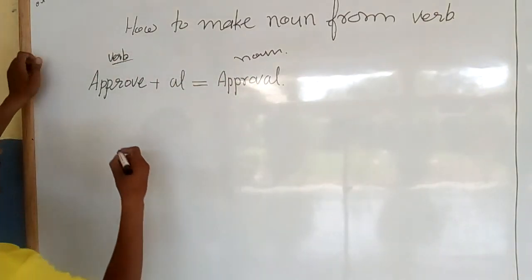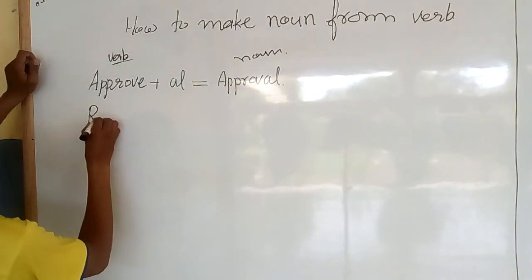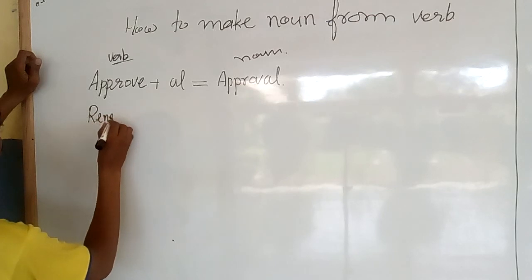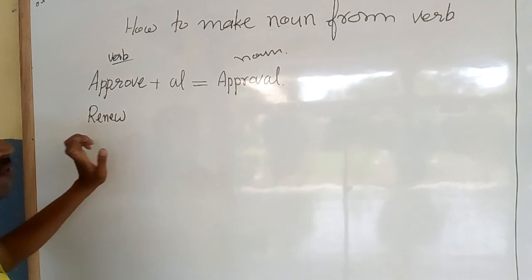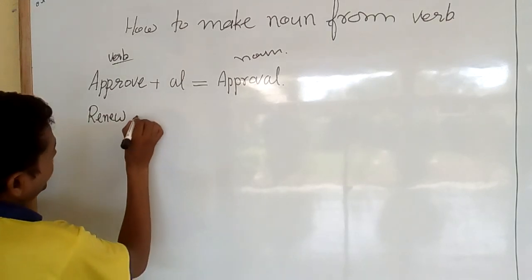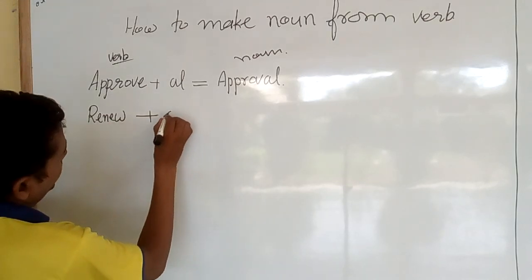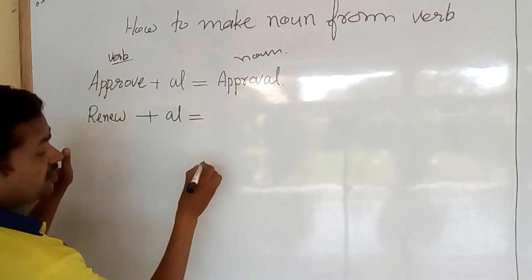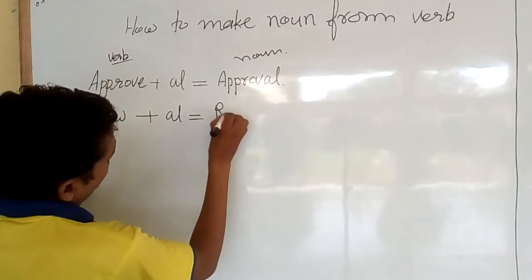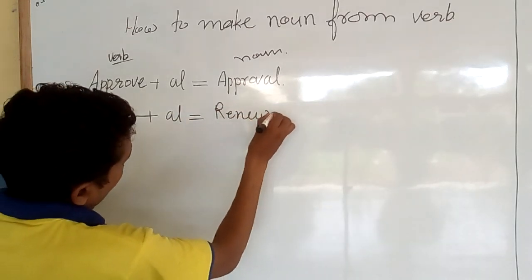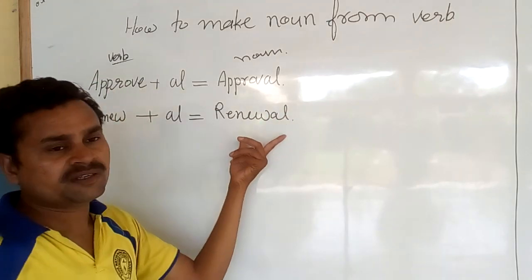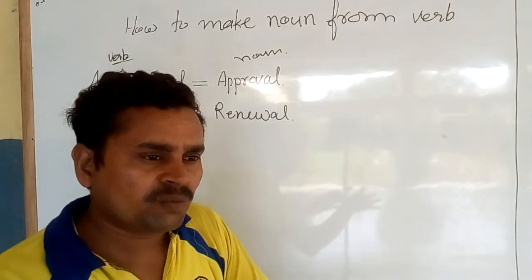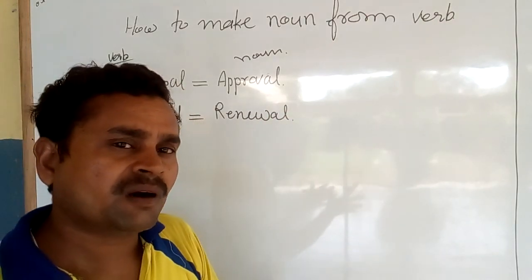So next, renew. Renew is also the next word. You can add al to this word. It will be renewal. Renewal means to make something new, but that is a noun.